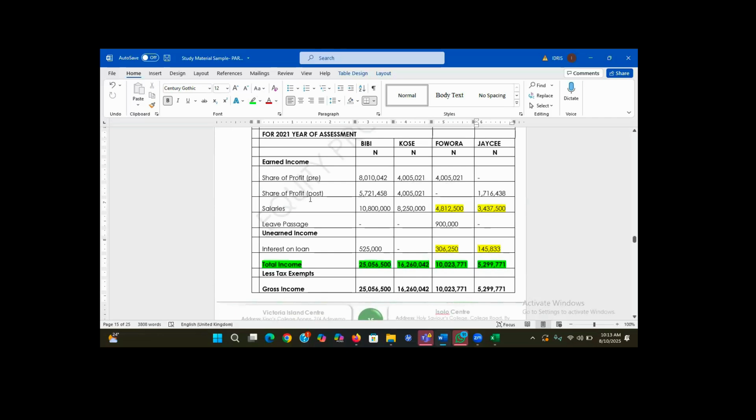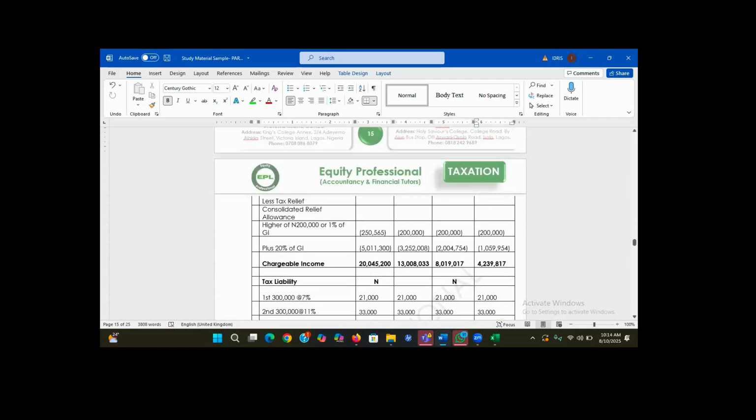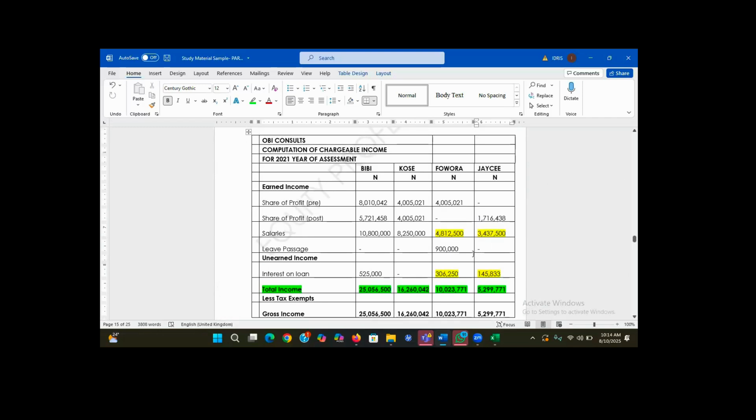Another one is share of profit after admission of JC, which is post-admission. 5 million for BB, 5,721,458. For Kose, 4,005,021. For JC, 1,716,438.